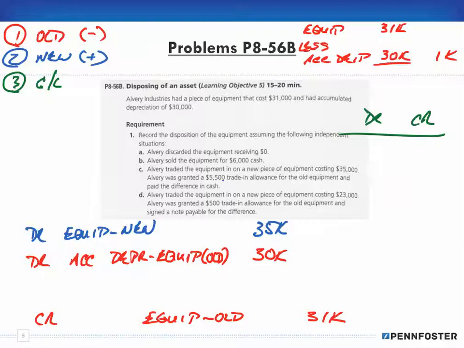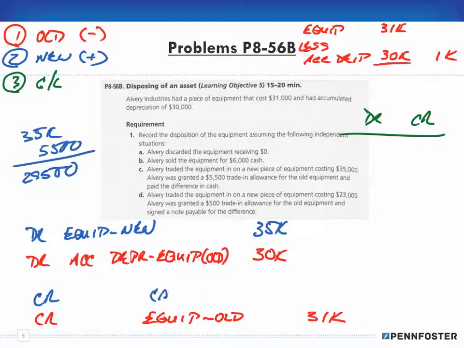Avery was granted a $5,500 trade-in allowance for the old equipment and paid the difference in cash. Well, if the new equipment costs 35,000, and he gets a trade-in allowance of 5,500, that means he's going to pay cash of 29,500. So I have a credit to cash. Oops, down the wrong. Let me put that down here.